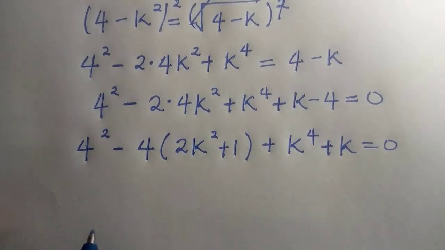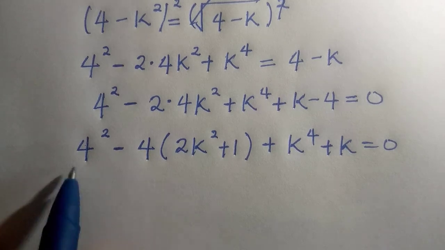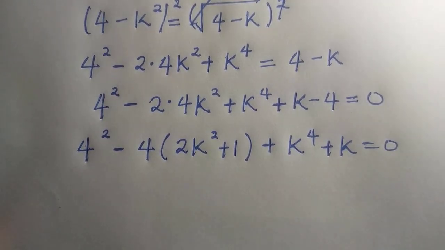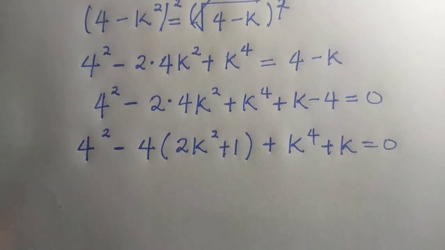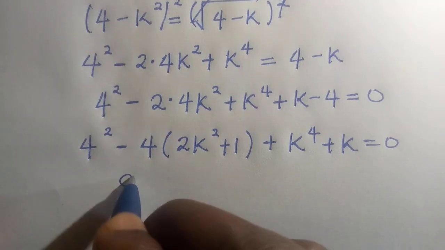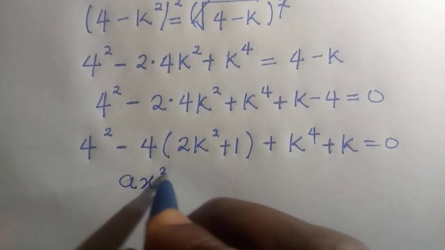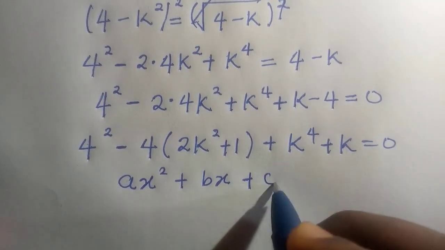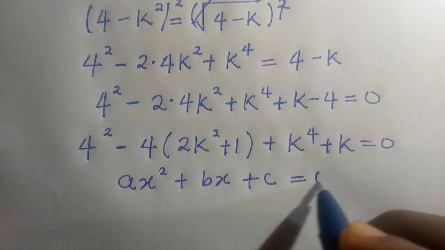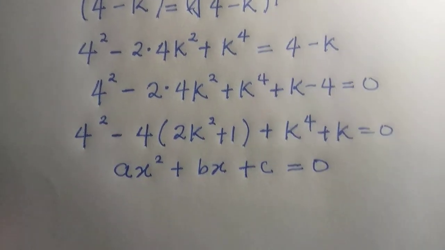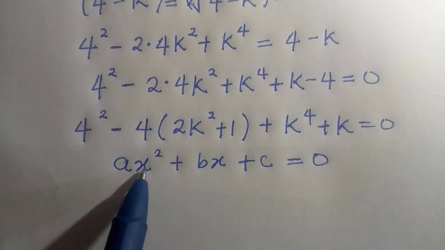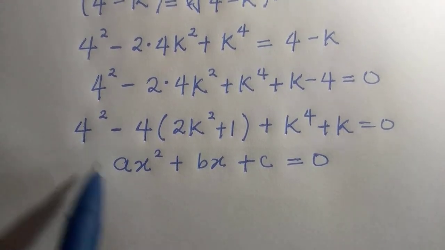We should not be surprised that I want to make a number a variable and write it as a quadratic equation. From quadratic, we have something of this form: ax² + bx + c equals 0. This shows the power of algebra, where the x here is our 4.